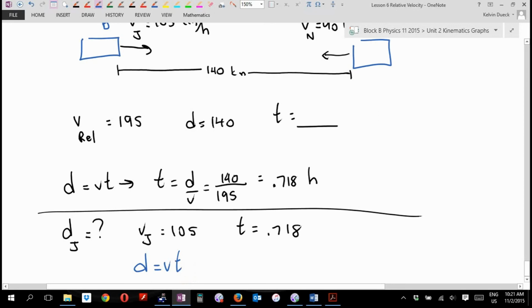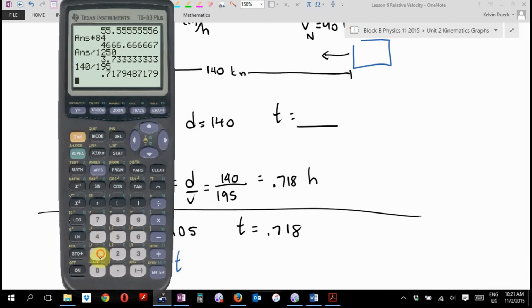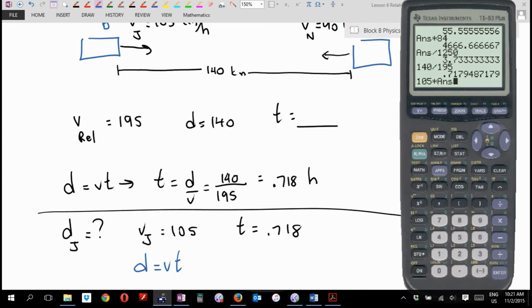It's going to be 105 times 0.718. Let me try it. I'm going to use my answer button cleverly, if that's okay, Nevada. And it looks like she goes for 75.4 kilometers. Is that what the answer says? I hope so. Is there from Banff 75.4?